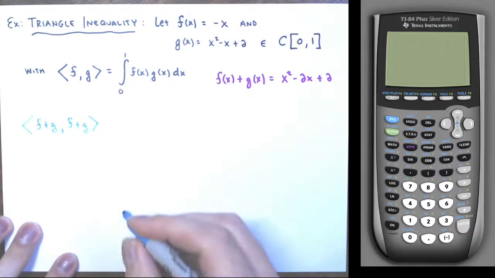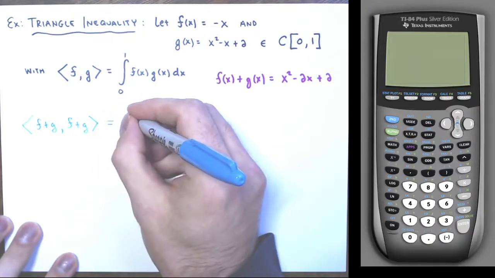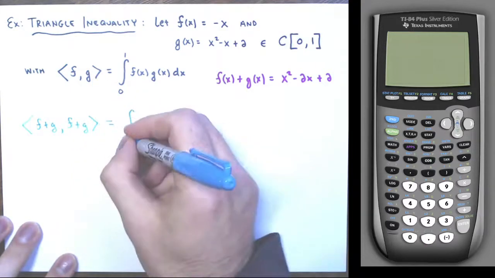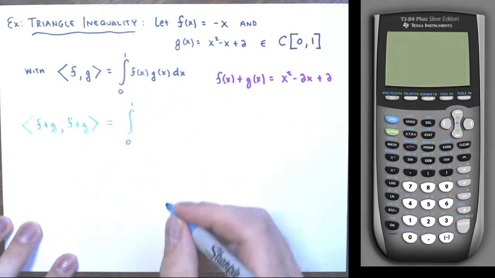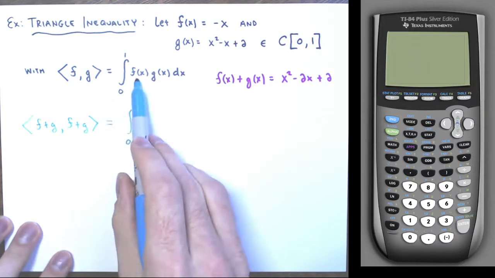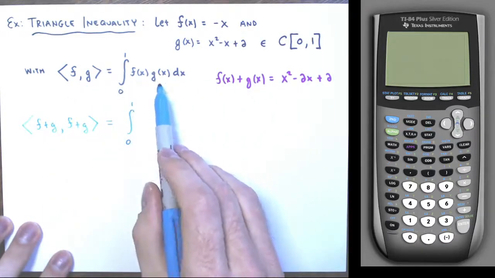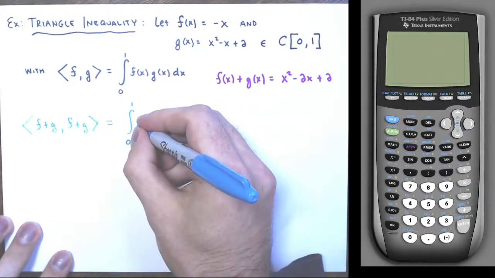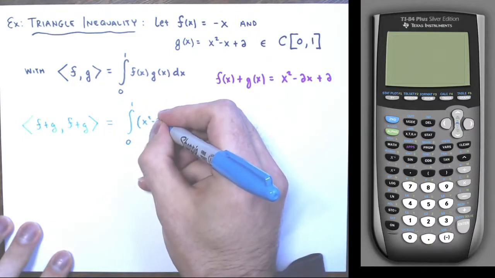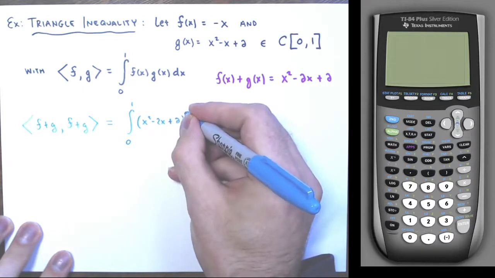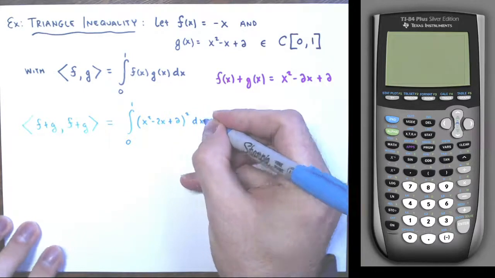All right. So that's the integral, the way the inner product is defined here, the integral from 0 to 1 of f plus g squared, so x squared minus 2x plus 2, squared, with respect to x.